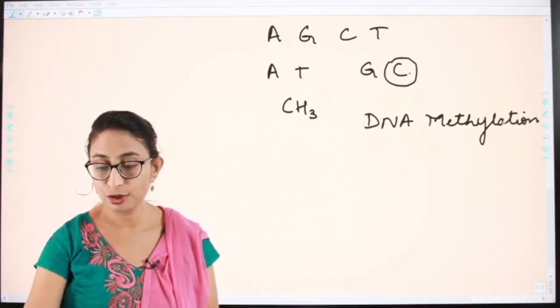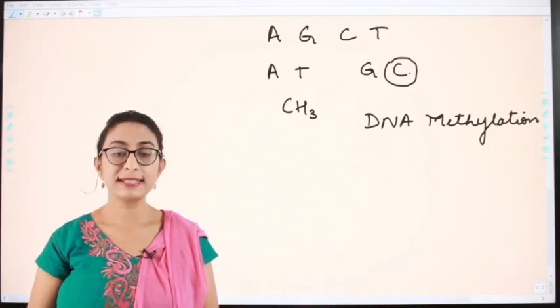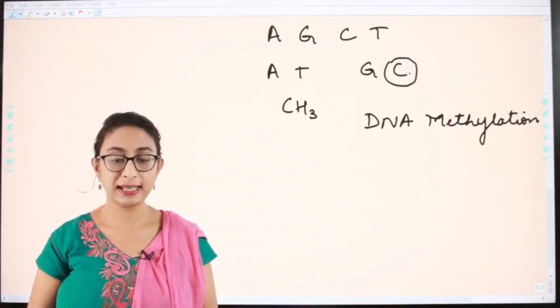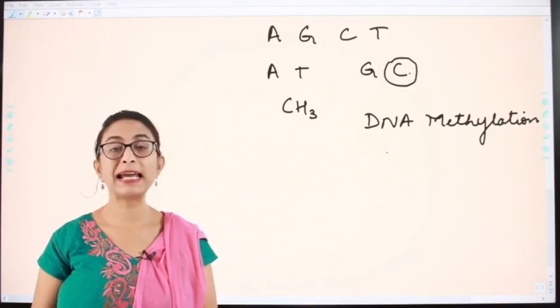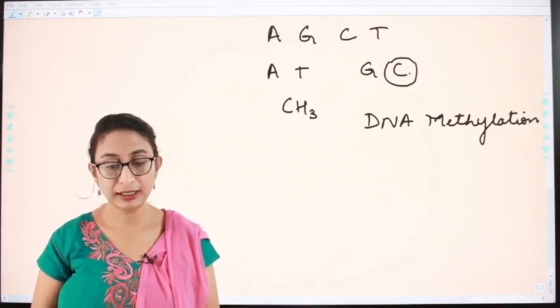The addition of a methyl group on cytosine by an enzyme. This DNA methylation process is carried out by an enzyme called DNA methylase.